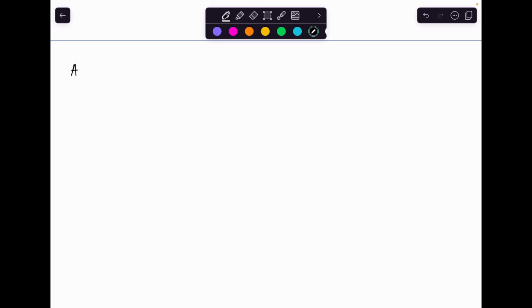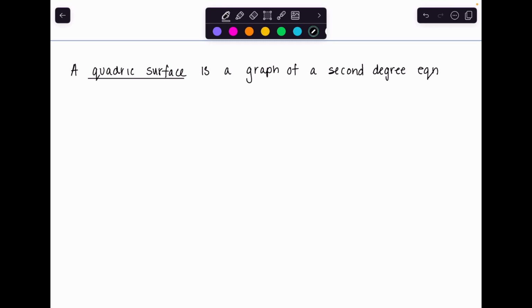So for our definition, a quadric surface is a graph of a second degree equation in three variables. If you remember, we talked about quadratic equations.